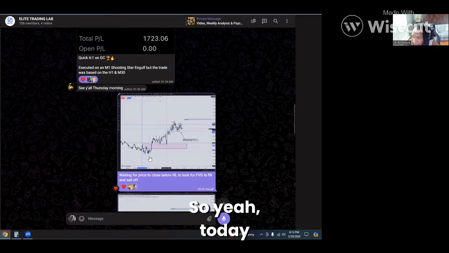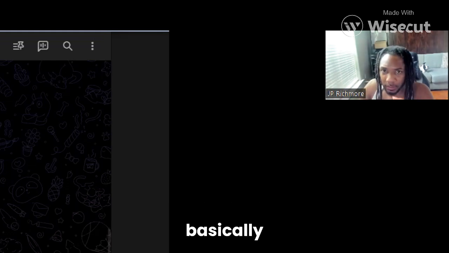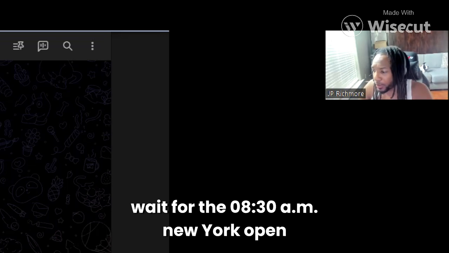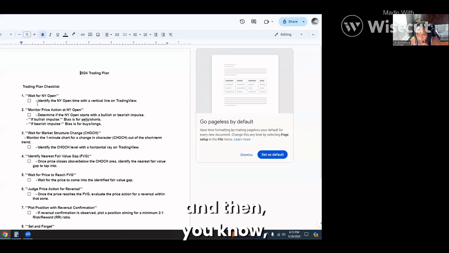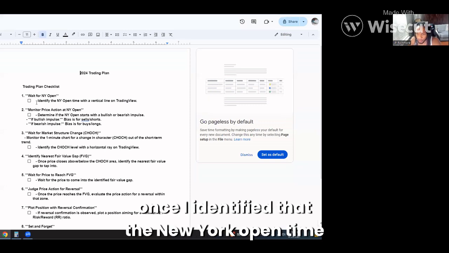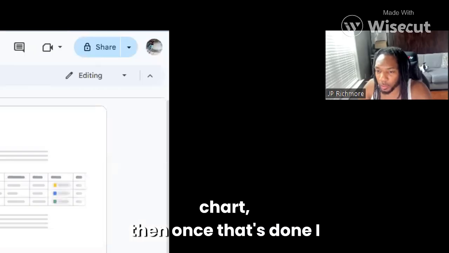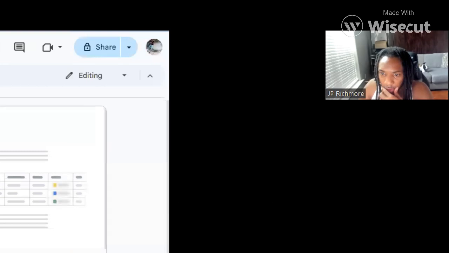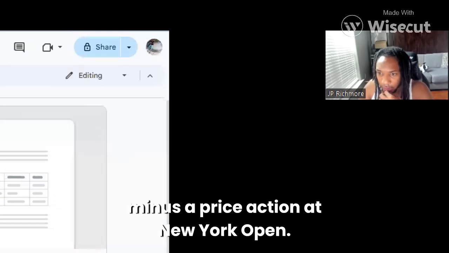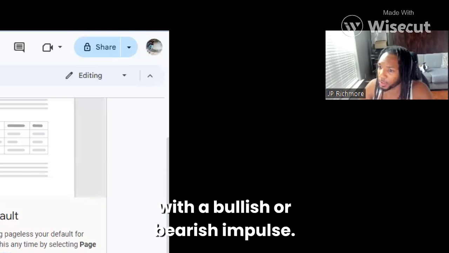So yeah, today, my strategy is I basically wait for the 8:30 a.m. New York Open, and then once I identify the New York Open time with the vertical line on my TradingView chart, I move on to step two, check it off, and mark the price action at New York Open, and I determine whether New York Open starts with a bullish or bearish impulse.